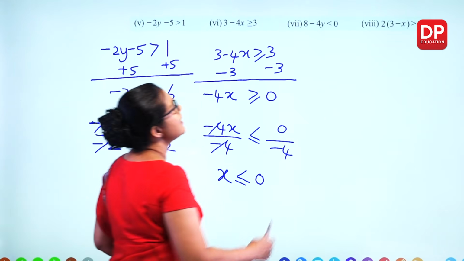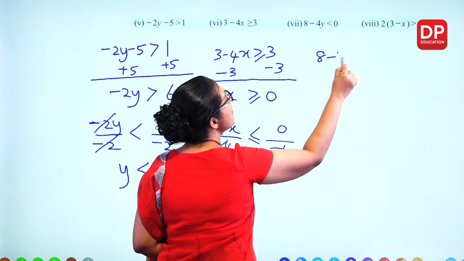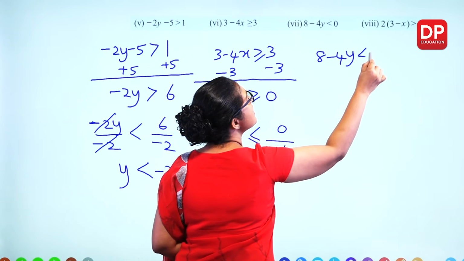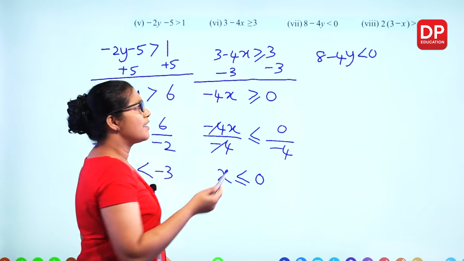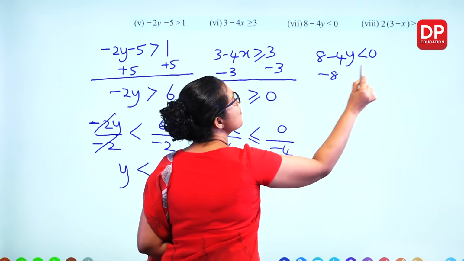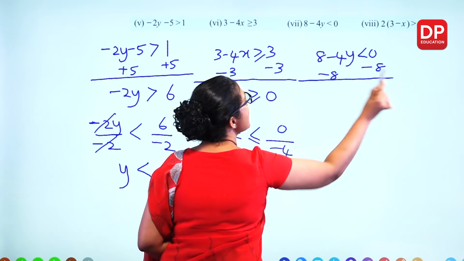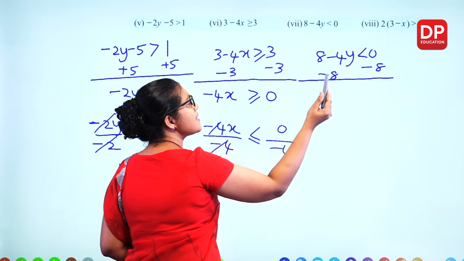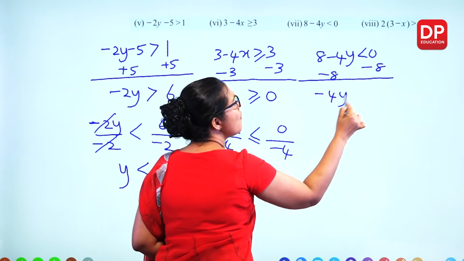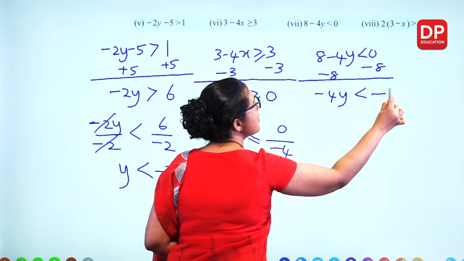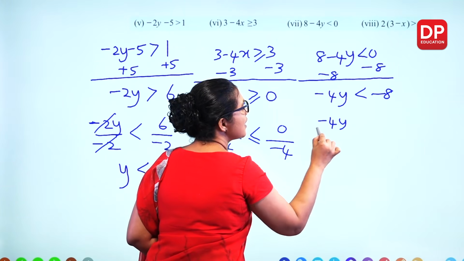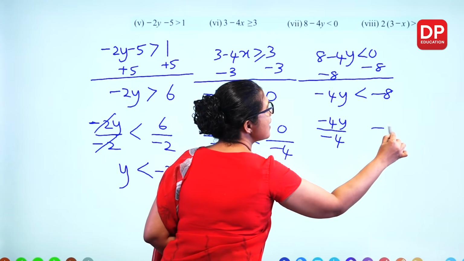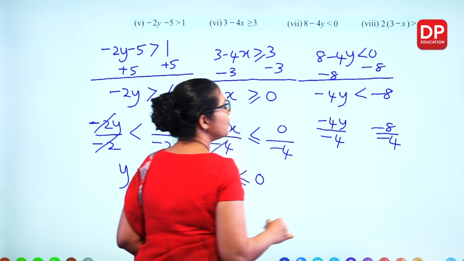So the answer is x less than or equal to 0. Now we'll take the next one. 8 minus 4y is less than 0. Here also we have to get rid of this 8. Subtract 8 from both sides. 8 gets cancelled out. You get minus 4y less than minus 8. Now we have to divide this by minus 4.